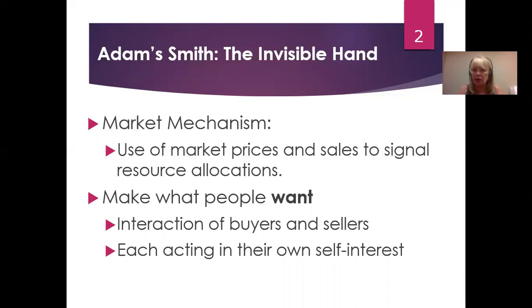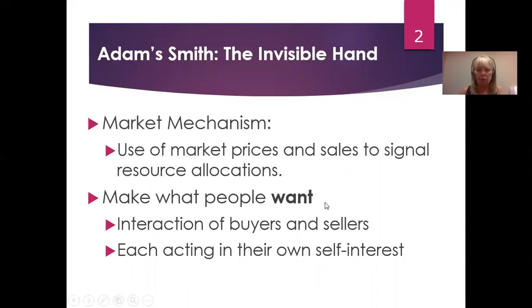We've studied that all resources, all factors of production, are scarce in that they're finite. There's never enough to go around to satisfy all desired uses. And so to decide what we're going to make, how we're going to make it, and for whom we're going to make it, the key questions of economics, we use prices to signal those resource allocations.